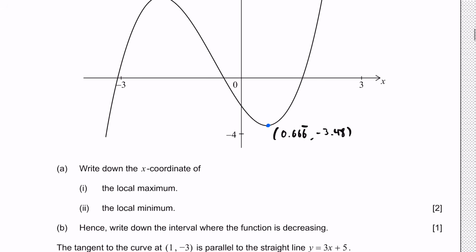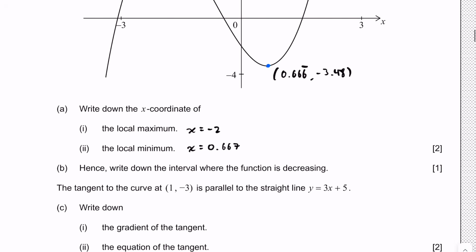They only want the x coordinate, so for the local minimum, that would be 0.667. And you might say, okay, what about for 3 significant figures? 0.6667 is okay as well. And this is our local minimum. And our local maximum is right here. And the x coordinate there would be equal to -2. All right.